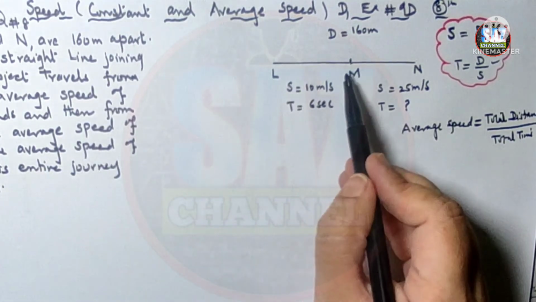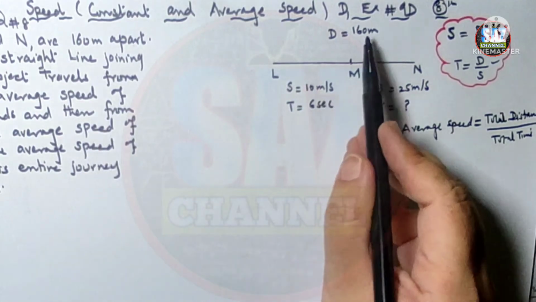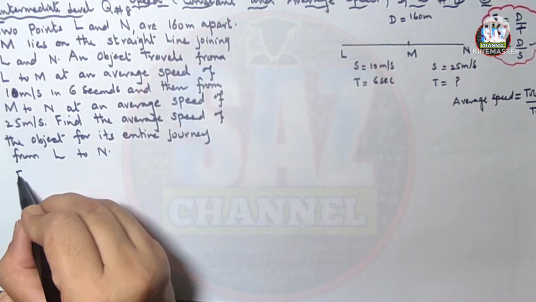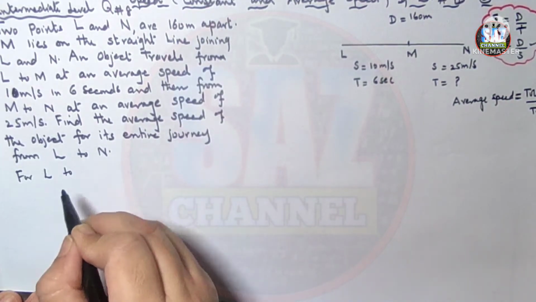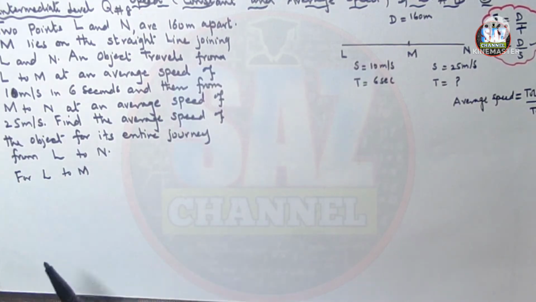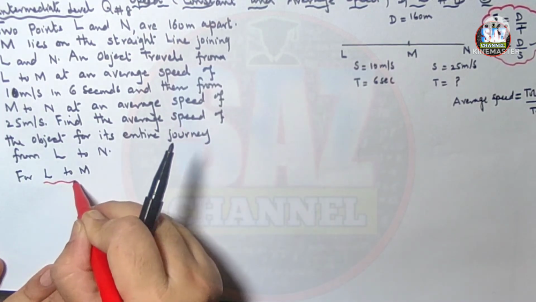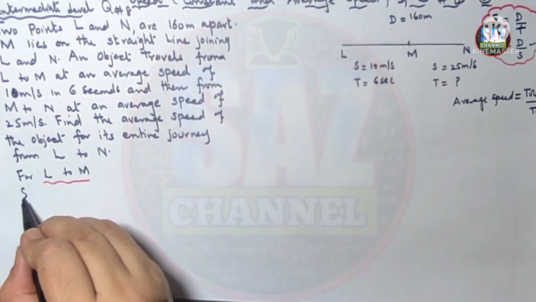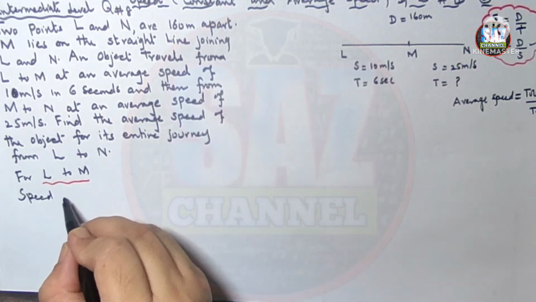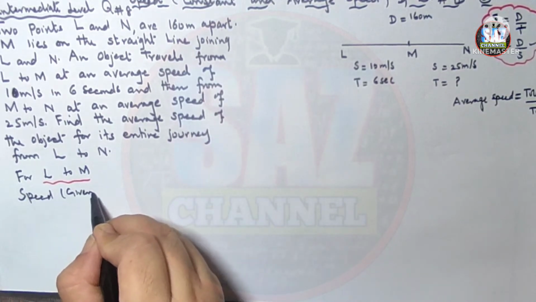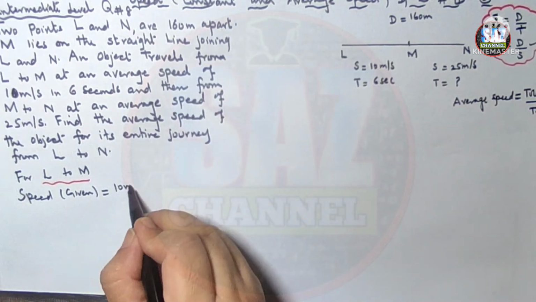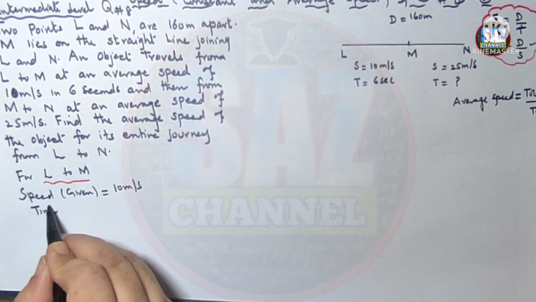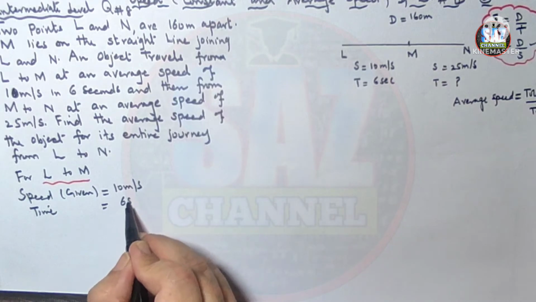So first we have to find how much distance out of 160 meters he has traveled from L to M. So for L to M, first we are going to find the distance traveled from L to M. Speed which is given is 10 meters per second, and the time which is given is 6 seconds.